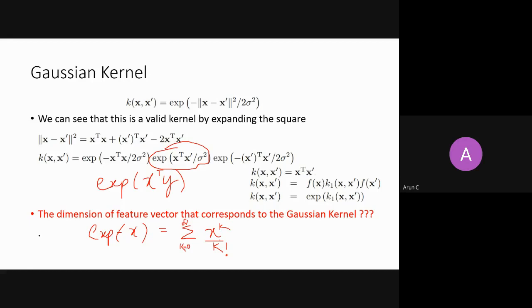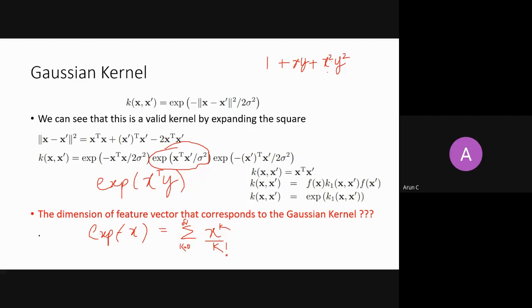So if you write x transpose y, the first term will be 1. The second term will be xy. The third term will be xy squared, which is nothing but x squared y squared upon 2 factorial.